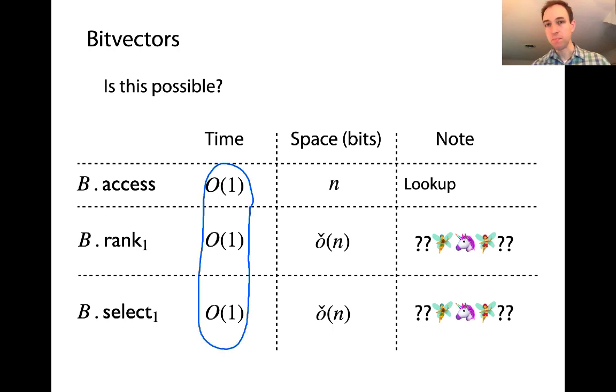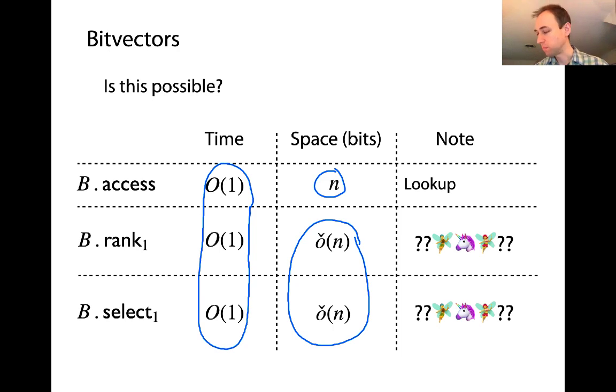We would love that. That was what we got from idea number 1, where we pre-calculated all the answers. We still want access to take n bits, as always, but we would like rank and select to take little o of n bits, in other words, asymptotically growing slower than n, sublinearly in n.